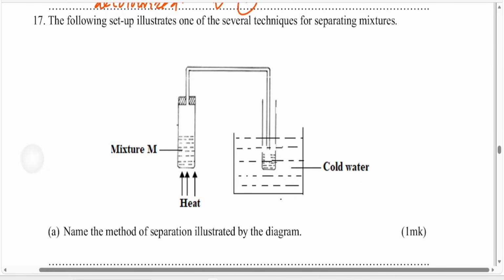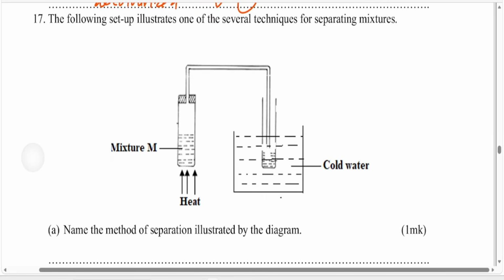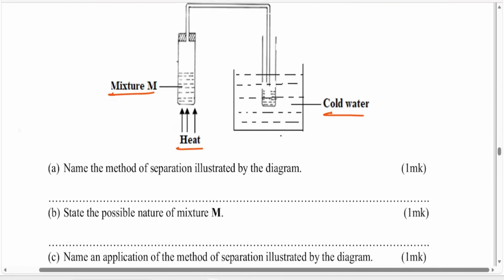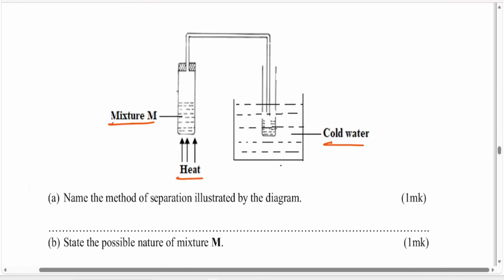Question number 17. The following setup illustrates one of the several techniques for separating mixtures. So you can see the setup, you can see mixture M, you can see source of heat at this point. Then we have poured water here that probably is going to pull vapor and change it to a liquid form. We are being told to name the method of separation illustrated by the diagram.